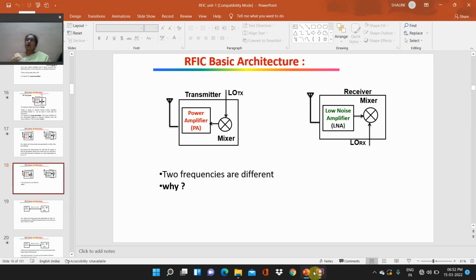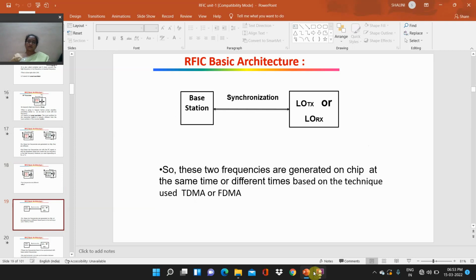And in order to synchronize these two frequencies, we use other techniques. These two frequencies are generated on the chip at the same time or different times, based on the technique called TDMA or FDMA.